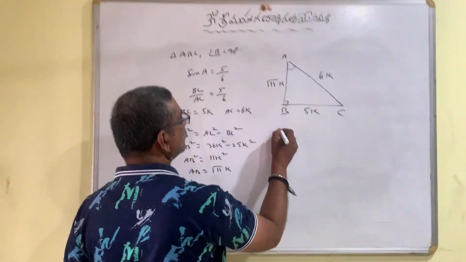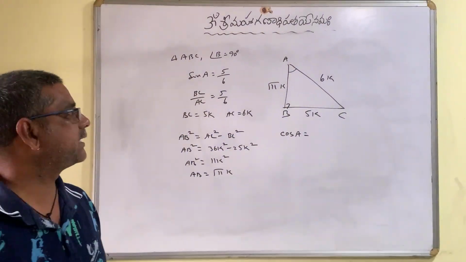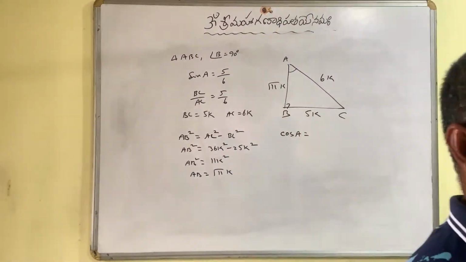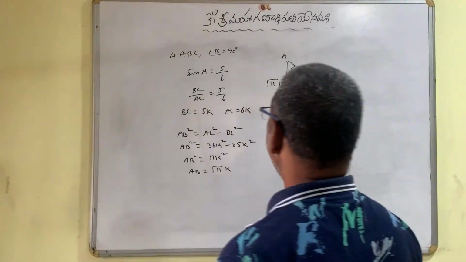Now, cos A. So we know all the three sides now. We can find out the remaining 5 ratios. Is that right? Sin A 5/6.